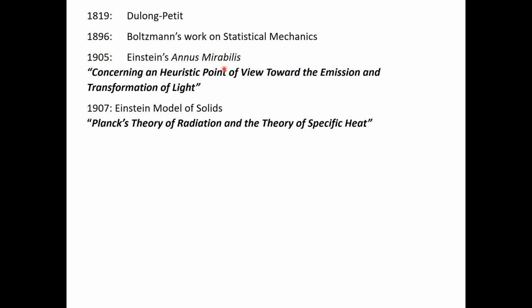He publishes 4 papers that fundamentally change modern physics. And the most important from our perspective right now is concerning a heuristic point of view towards the emission and transformation of light. In this work, Einstein uses Boltzmann's theories from statistical mechanics to derive some really fundamental insights into quantum mechanics.